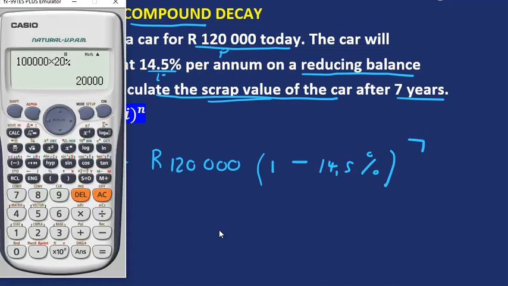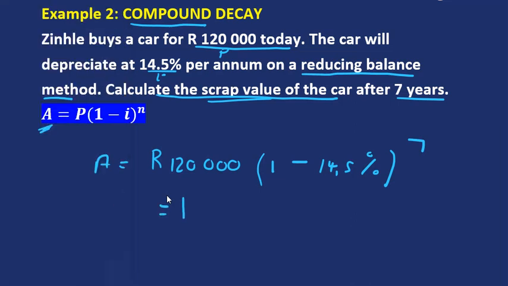So if you just go straight to your calculator, 120,000 times 1 minus 14.5% to the power of 7 means that the value of this car after 7 years will be 40,081 rands and 51 cents.